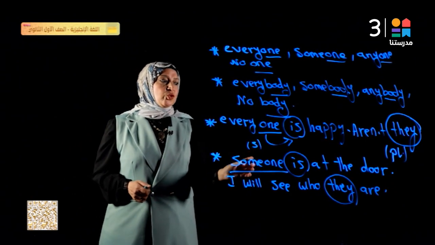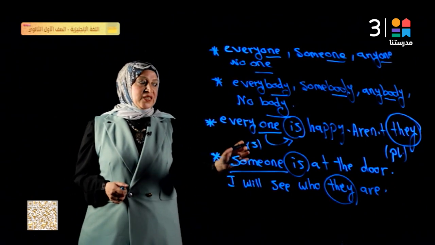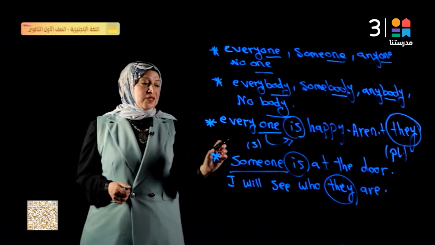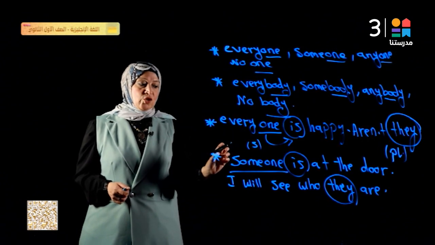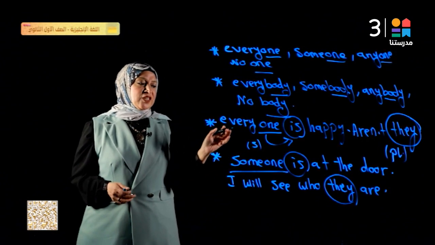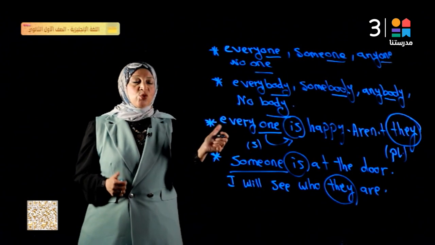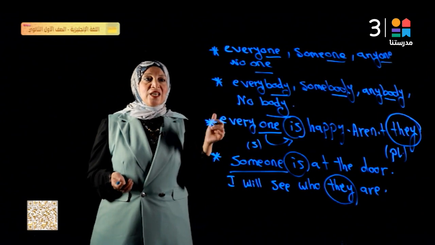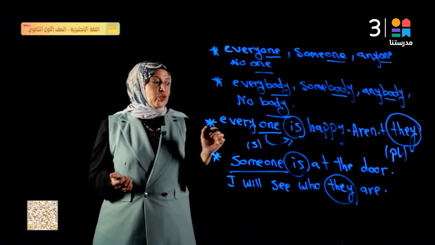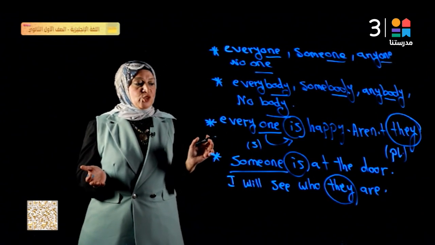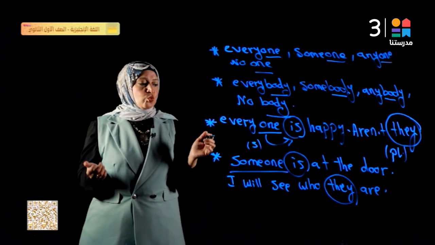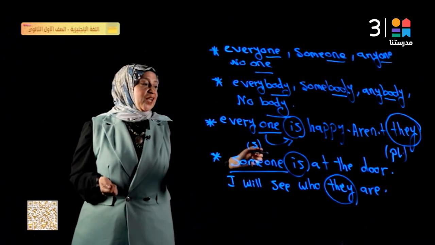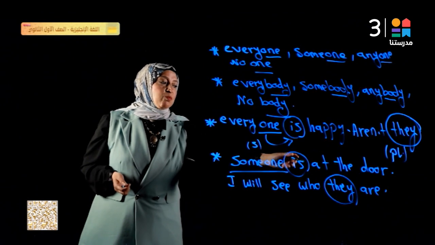Because here we don't know who is at the door. Is it a man or a woman? Is it a boy or a girl? So we can say someone is at the door, I will see who he or she is. But we cannot say only he or only she. So instead of saying he or she, we can say they. And we use here the plural pronoun.